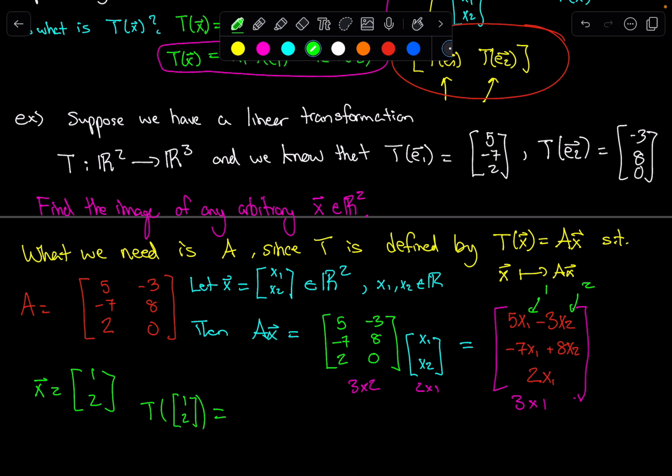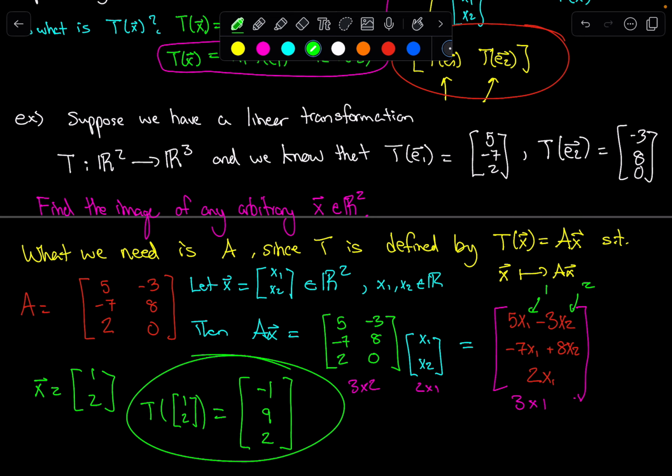Plugging in, I get negative 1 for the first entry. Minus 7 plus 16 is a positive 9, I believe. And for the last one, I have 2x1, so that's just 2. So boom, we're done. That's what happens to the vector x under this particular transformation.